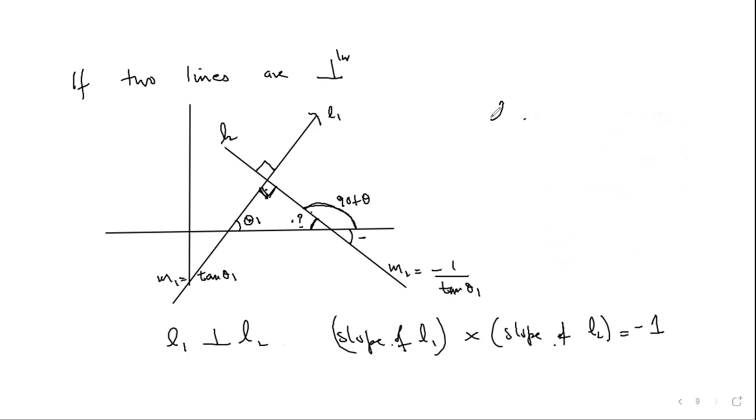So tell me, if the slope of L1 is P by Q, what will be the slope of L2? What is given? L1 is perpendicular to L2. What will happen?